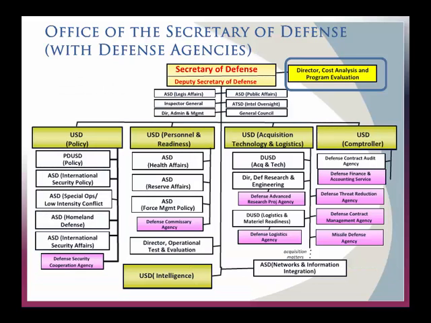This is a slide I was referring to earlier where, all the way up at the Secretary of Defense level, you've got a Director of Cost Analysis and Program Evaluation as a direct report right into SecDef's office. So this is taken very seriously. And of course, cost analysis goes everywhere else in this slide as well. All these programs are doing cost estimation, but there's sort of a top dog all the way at the top, because nothing's going to happen if we can't cost estimate reasonably well. We're not going to be able to function.